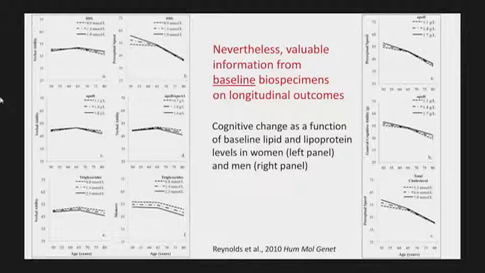So what you see here are examples of cognitive changes at varying levels of lipoproteins and lipid levels for women on the left and men on the right.